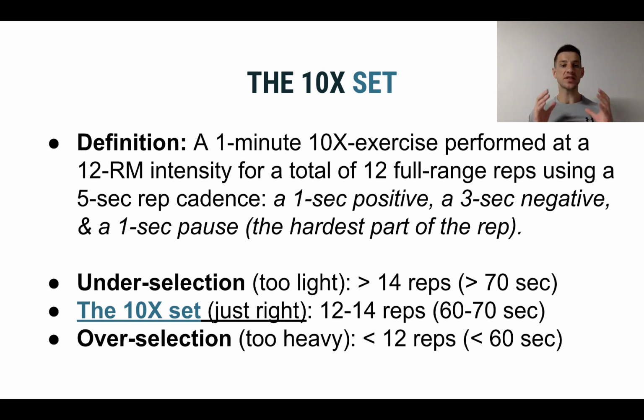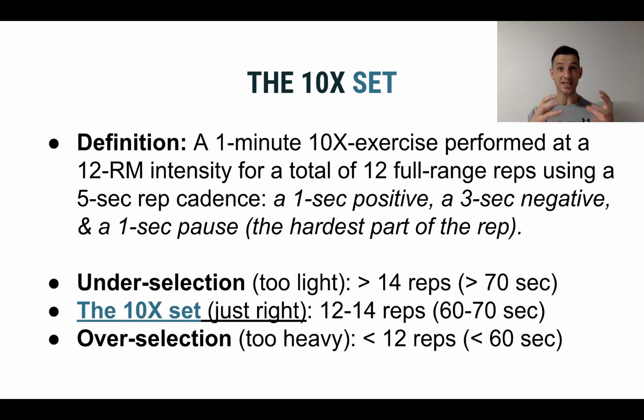So the 5-second rep cadence allows us, again, at the right load, to select an exercise where we can target a specific muscle group, and then we can select a load that will allow us to do sequential recruitment, right? From our slow twitch, small muscle fibers, moving all the way through to our medium twitch muscle fibers, our intermediate motor units, all the way to our fast twitch, our large muscle fibers.